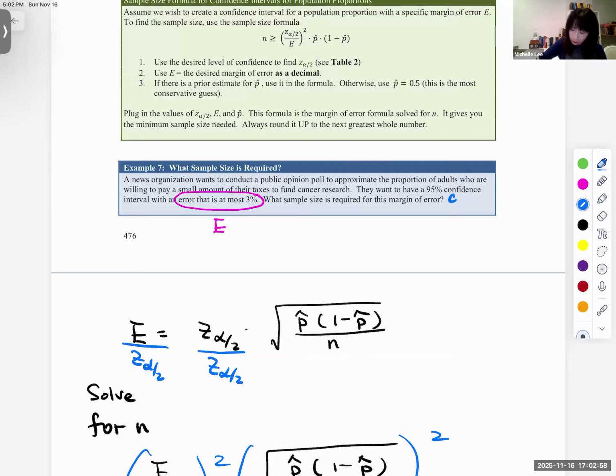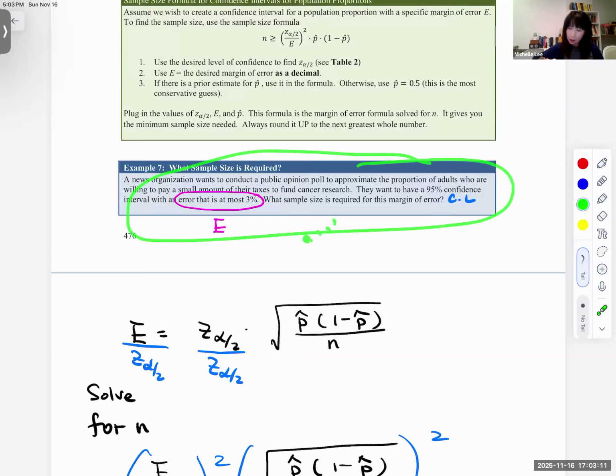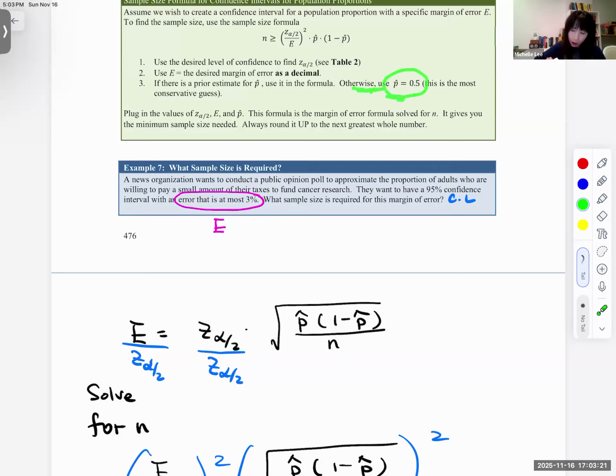So this is a confidence level, 95%, right? Okay. Look, we don't see any p hat information there, right? Then if we don't have a p hat, use p hat as 0.5.